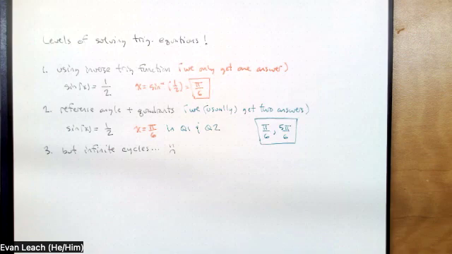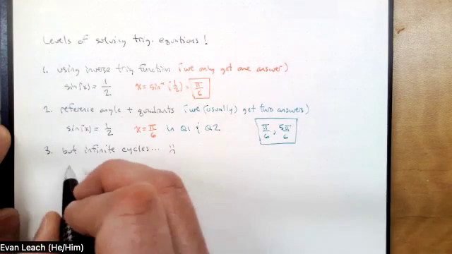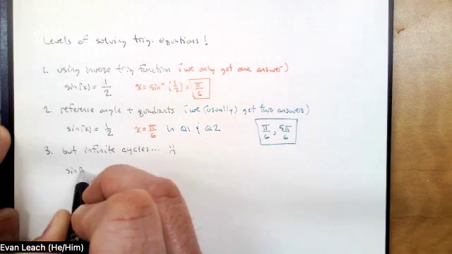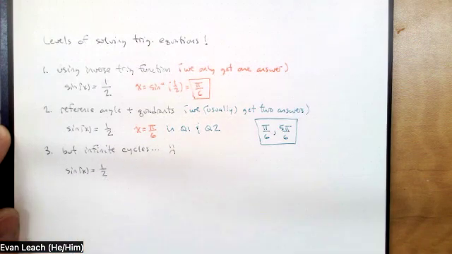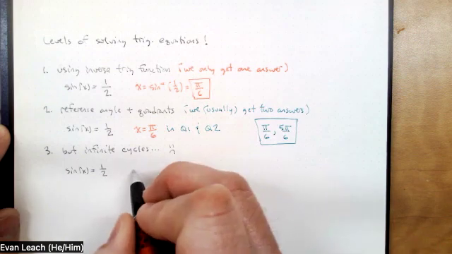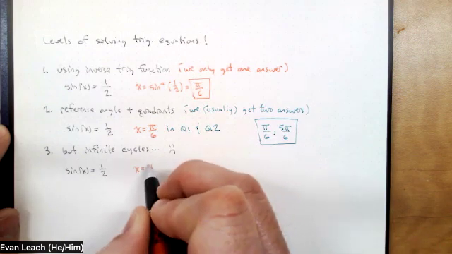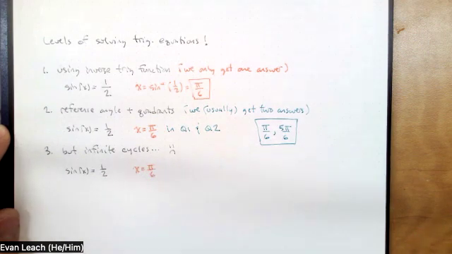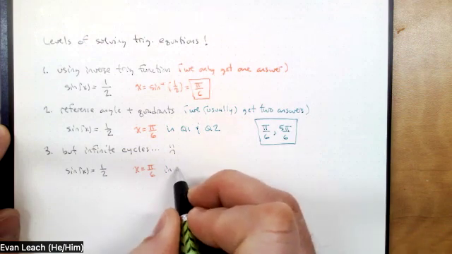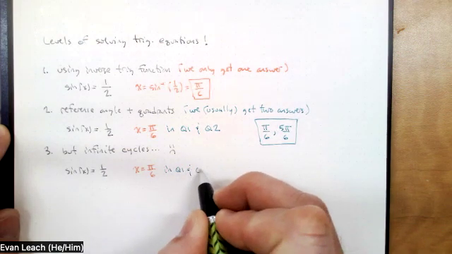So if we want to know when sine of x is equal to 1/2 forever, we know the reference angle is pi over 6. It's in quadrant 1 and quadrant 2.